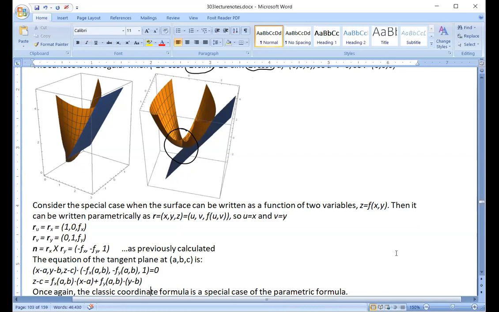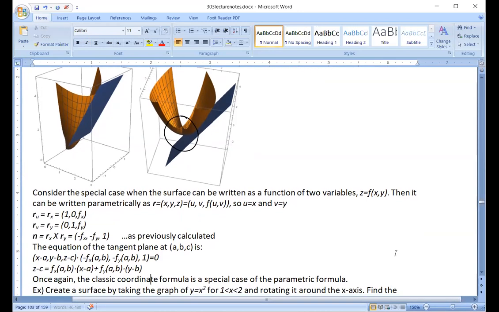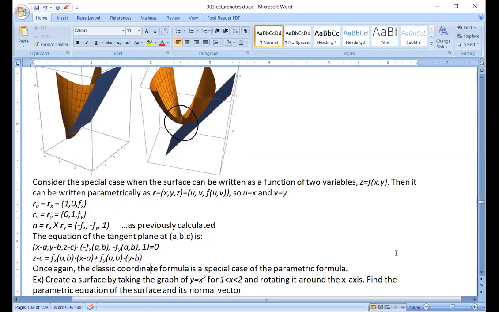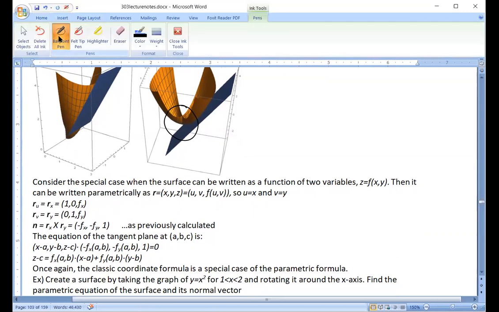So next we're going to look at another special case. Our other special case is surface of revolution. We're going to create a surface by taking the graph of y equals x squared for x going from 1 to 2 and rotating it around the x-axis.